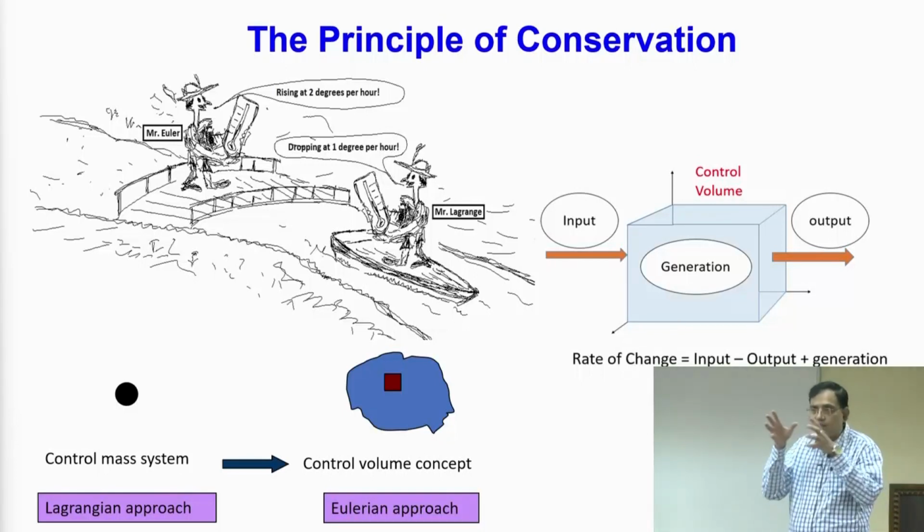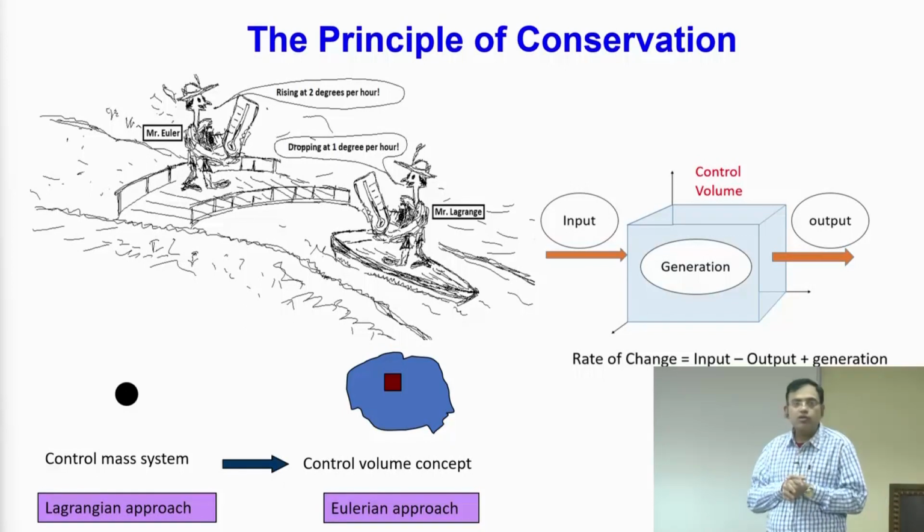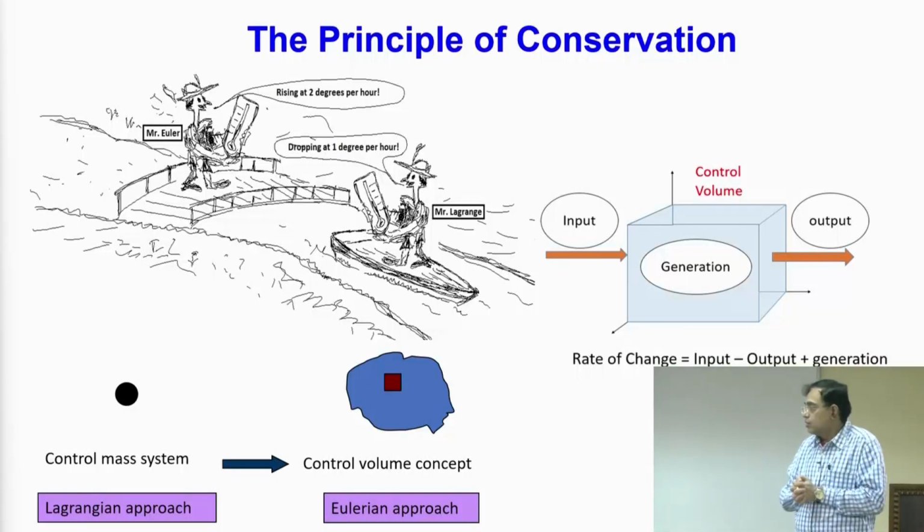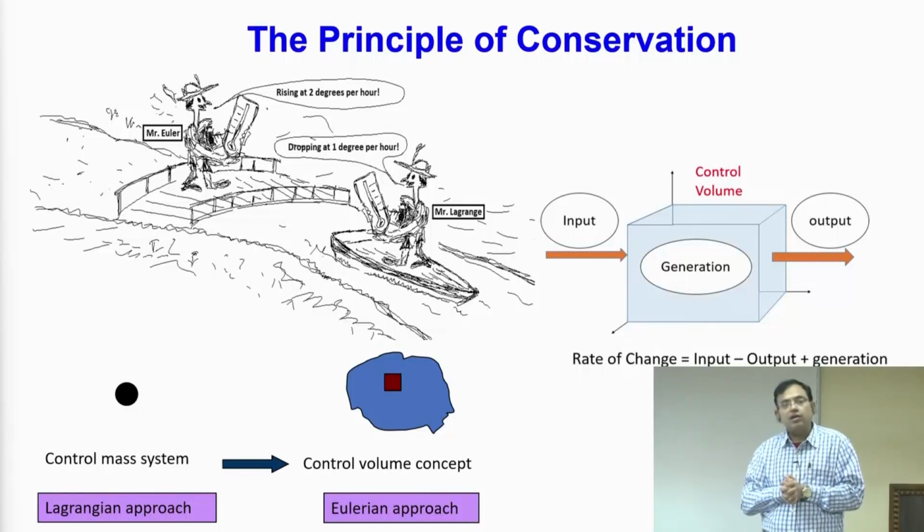It is not directly telling that it is about a control mass system, but what it is doing is trying to give a statement which applies to a particular identified mass, which is a control mass system by nomenclature. You can consider it as a material body or an identified mass which has many particles, etc. Newton's first law, second law, third law, all are described on the basis of that.